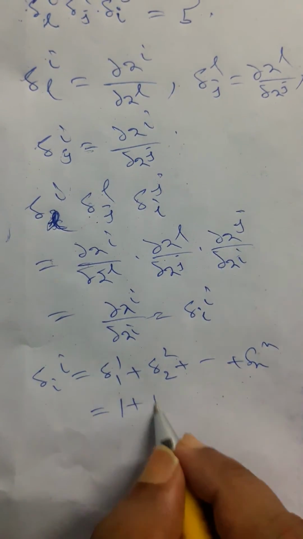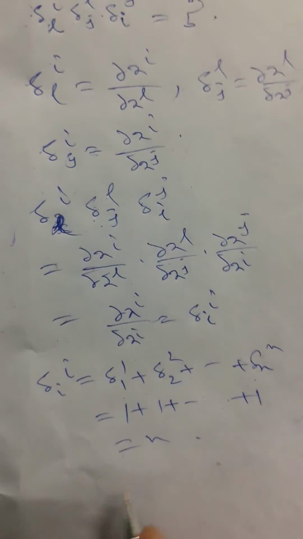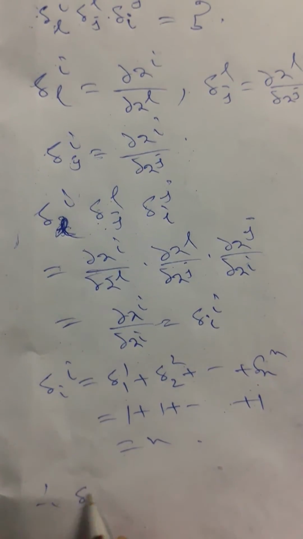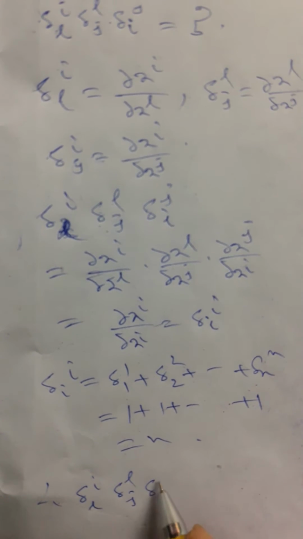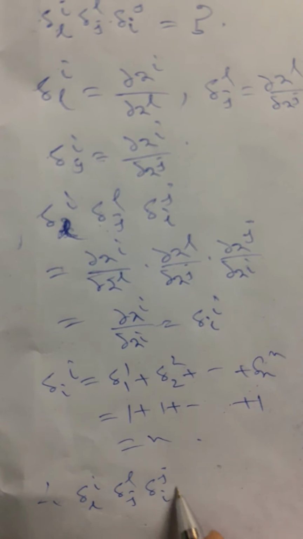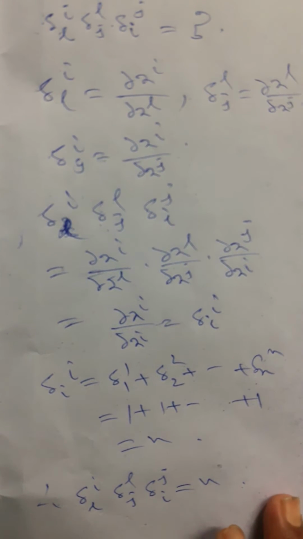All will be 1, so 1 plus 1 up to the nth term, and the result will be n. Therefore delta_il, delta_lj and delta_ji is equal to n. This will be the final answer.